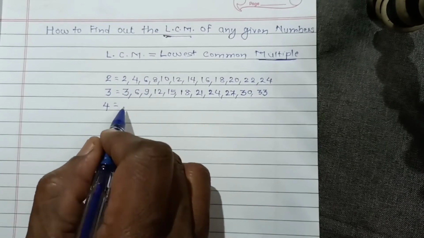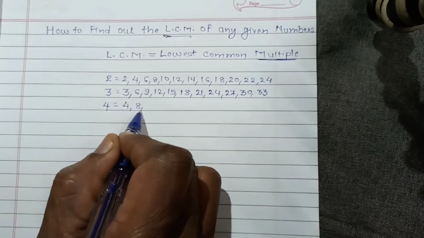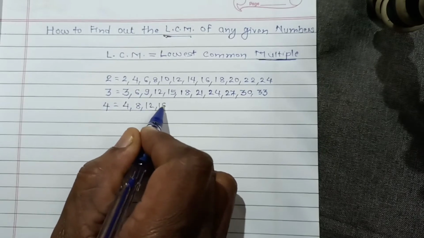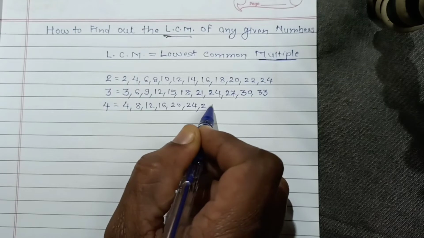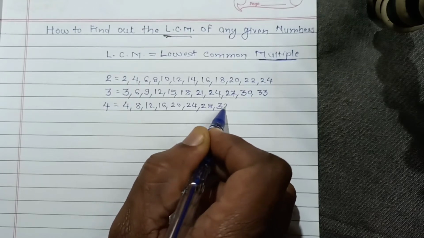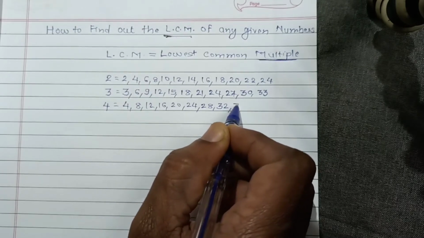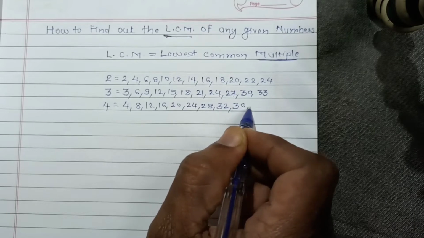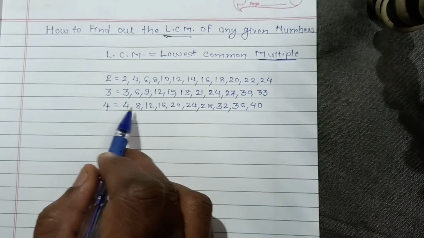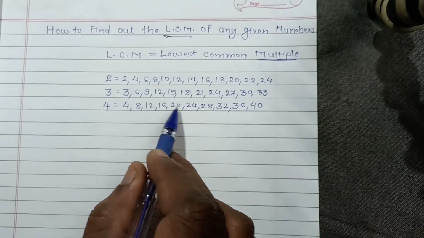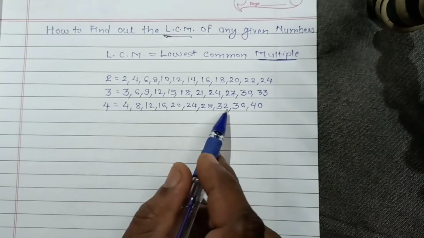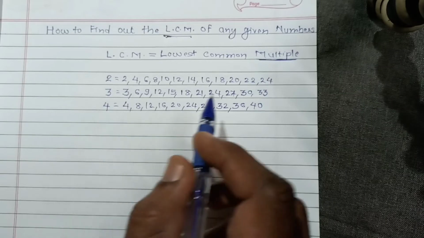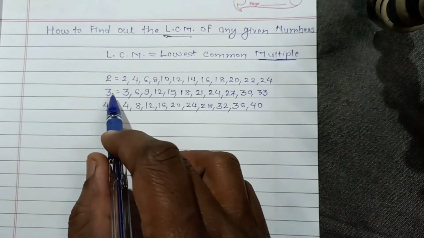Now let me write the table of 4. These 8, 12, 16, 20, 24, 28, 32, 36, 40 all are multiples of 4. So I have written the multiples of 2, 3 and 4.